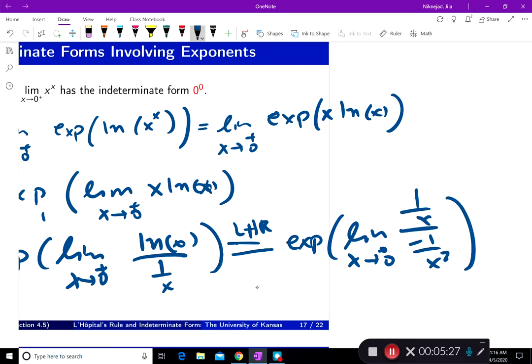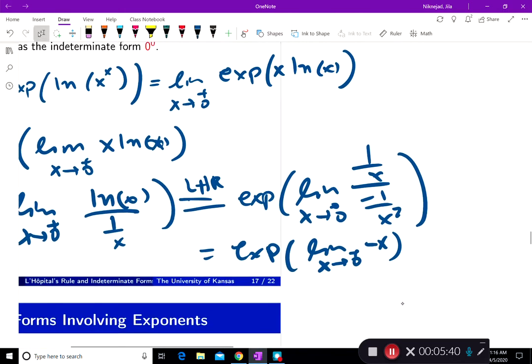If I simplify, it's the limit as x goes to 0 from the positive side of negative x. As x goes to 0 from the positive side, the entire thing goes to 0. So it's e to the power 0, and that is 1.